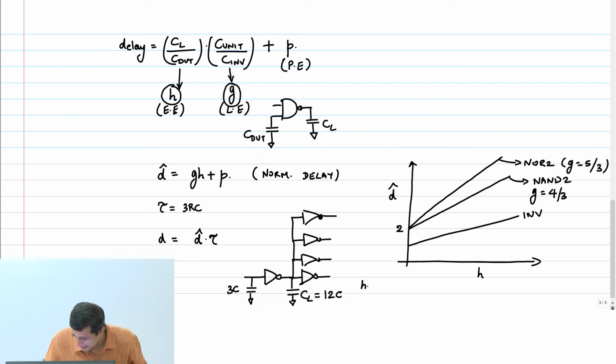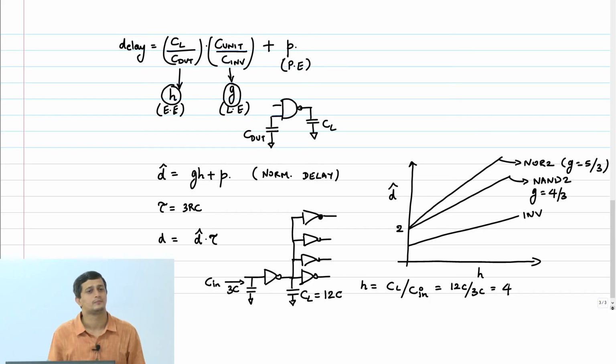Therefore, my H is going to be what? Output capacitance, C load divided by C in, whatever input capacitance you are going to see here. And that is 3C. So you can write this as 12C by 3C equals 4.